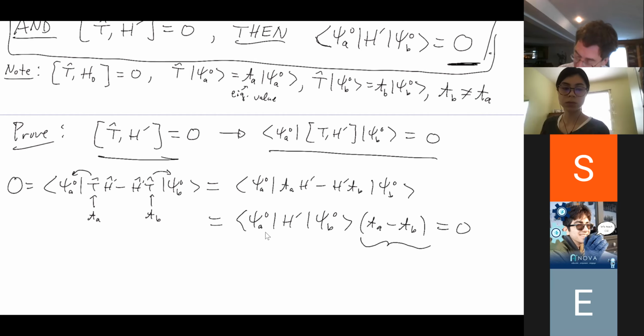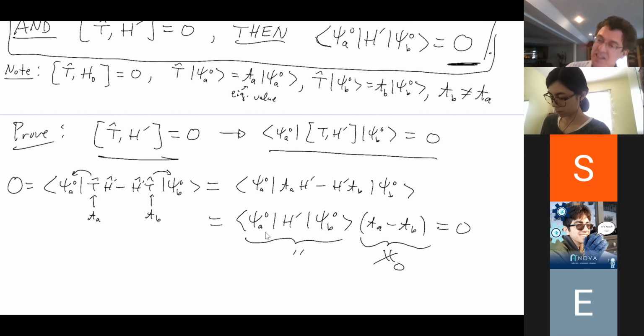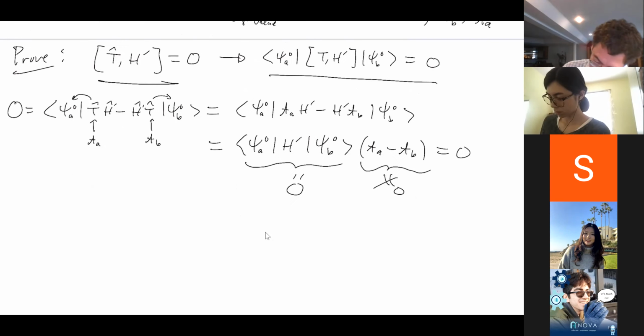No, because it's non-degenerate. Exactly. TA minus TB does not equal 0. But if this thing times this thing equals 0, and one factor doesn't equal 0, then what does the other have to equal? 0. Right. Therefore, psi A naught H prime psi B naught equals 0.